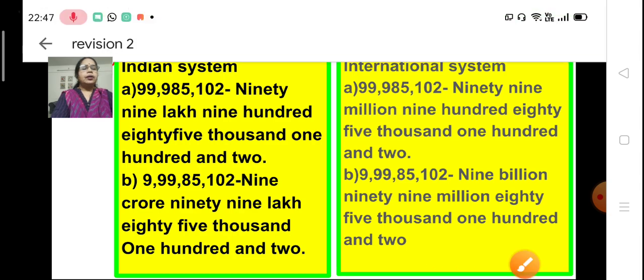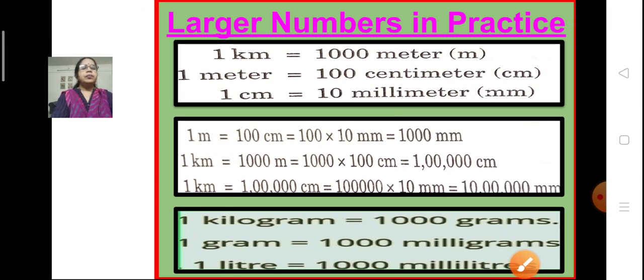Now let's see what is the next one. Here we will once revise the units or the large numbers that we use in our day-to-day lives, isn't it? And here in this we use large numbers. We have discussed it earlier while we were doing the chapter. So what are the large numbers? 1 kilometer is equal to 1000 meters, isn't it?